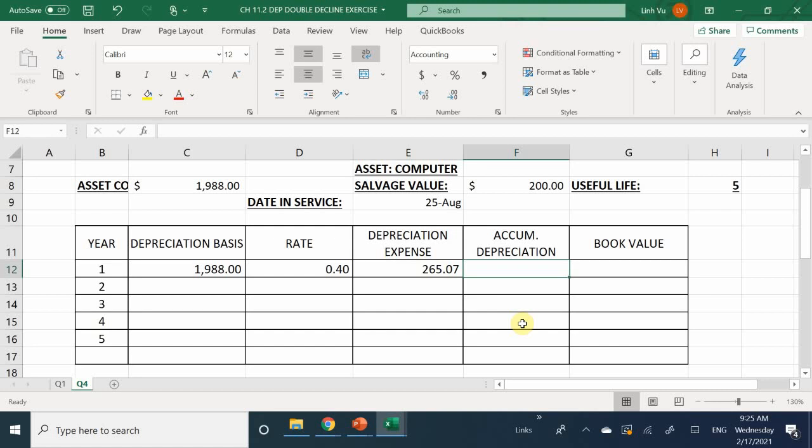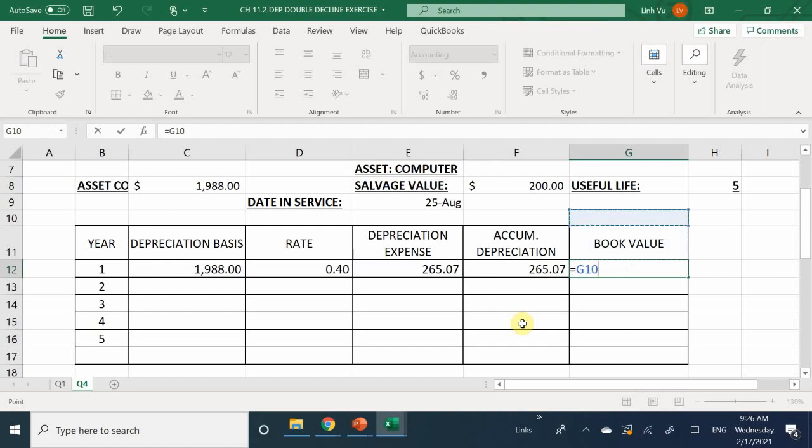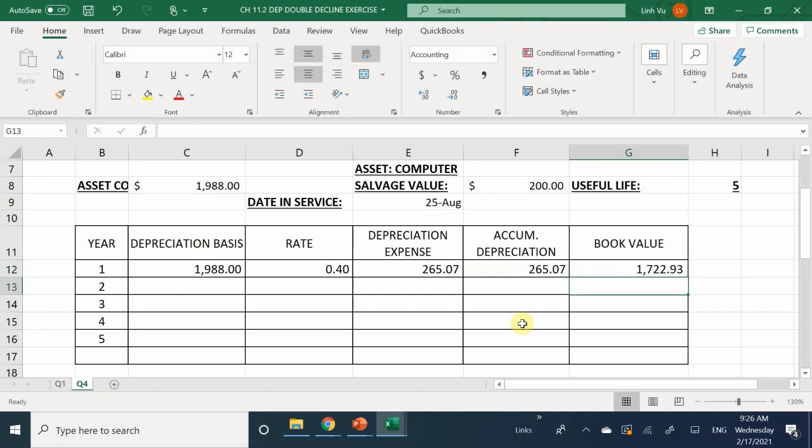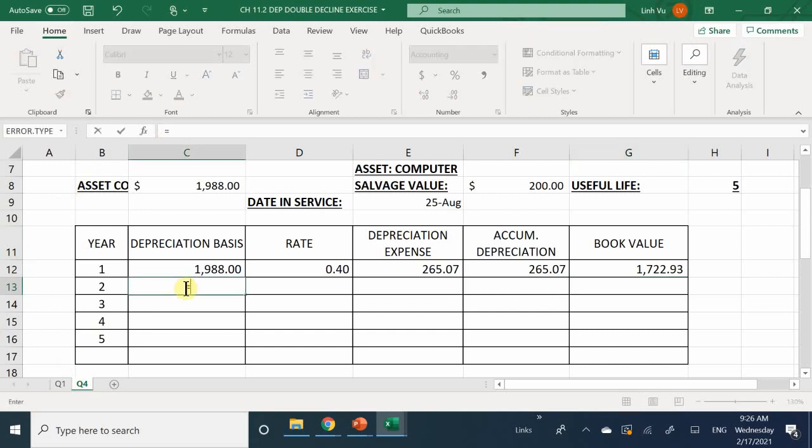So now what is my accumulated depreciation? 265.07, bringing my book value to 1722.93. Okay? So then that becomes my new book value.